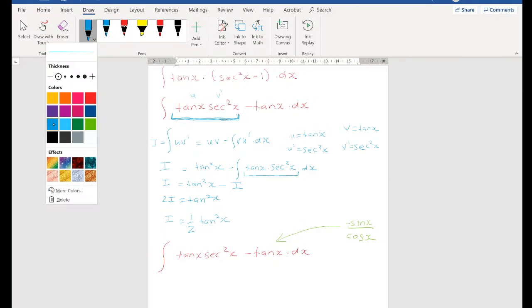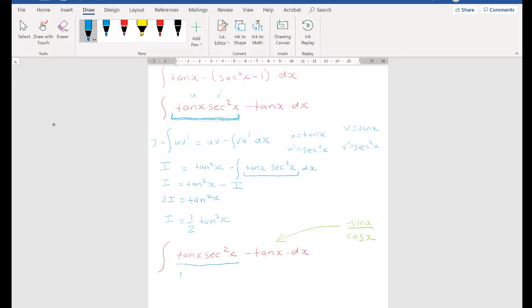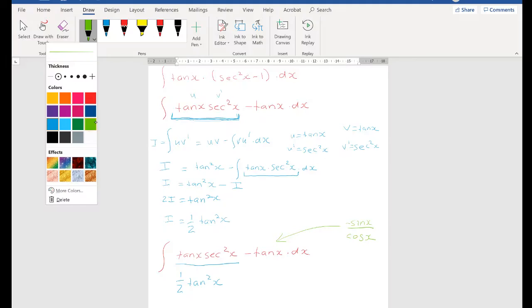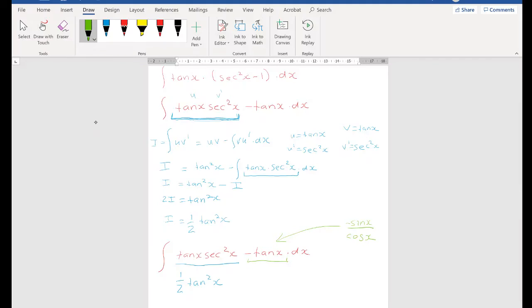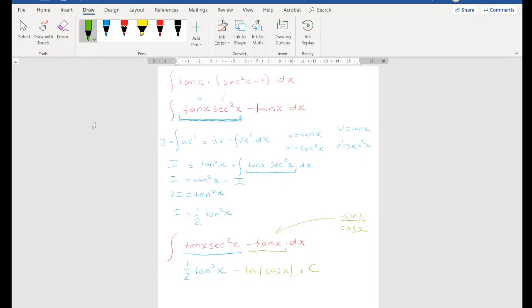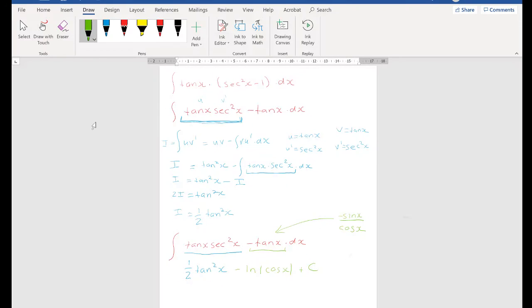So I know the integral of the first part is what I just worked out, a half tan squared x. And the integral of this second part is a log, because the derivative of the bottom is on top. It's a negative log of the bottom. Now you can't log a negative, and cos can have negative values, so what you should actually have here are absolute value signs. And then plus c. And there's my answer. So have a go at that question with sine and cos as a power as well.